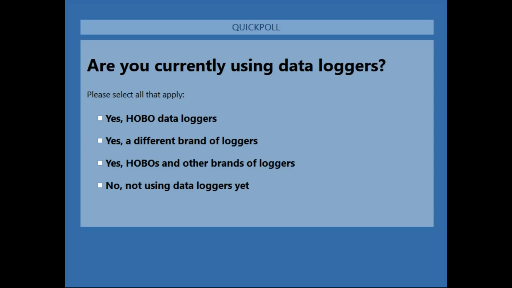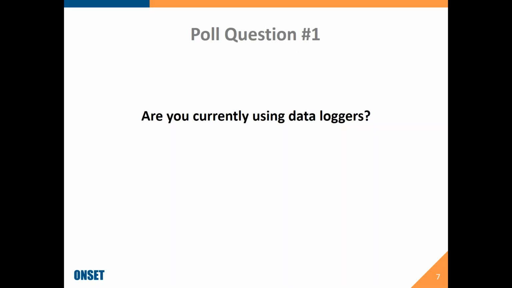So far, it looks like the majority of you are using HOBO data loggers, and the next largest percentage are using a combination of HOBO and other brand data loggers.